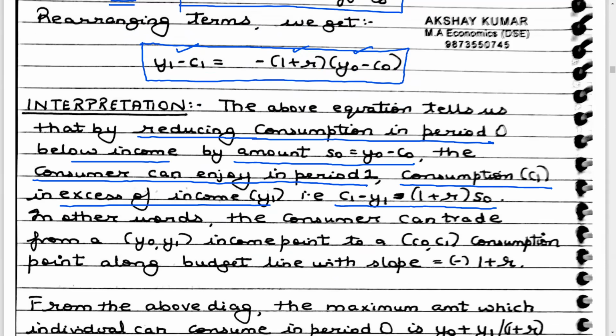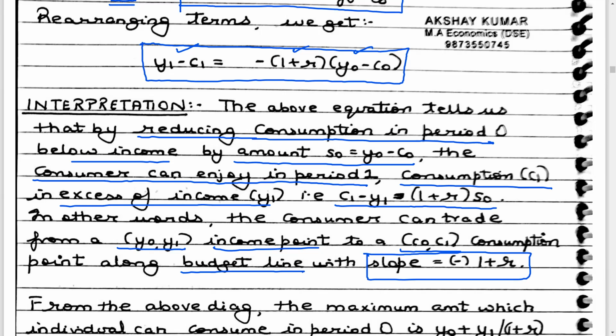In other words, the consumer can trade from Y0 Y1 income point, which is the endowment, to C0 C1 consumption point along the budget line, which has a slope of minus 1 plus R. So guys, the whole interpretation is what I had already discussed when we were discussing the diagram. It's nothing new.